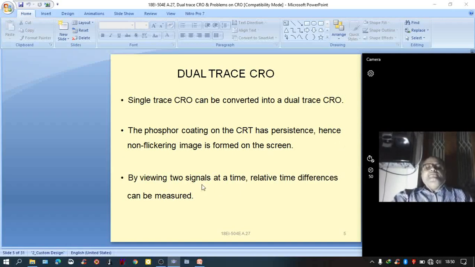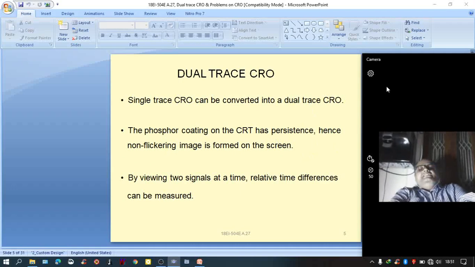So because of this property, first one input signal is applied, and in the next cycle of the sweep signal, another input signal is applied. In the first cycle, when the first input signal is applied, the image of that input signal appears on the screen.